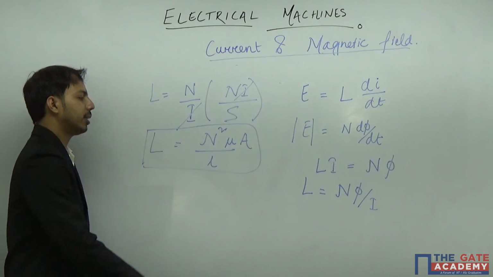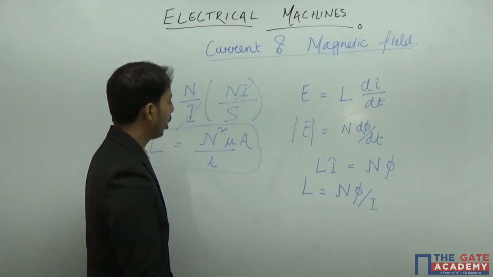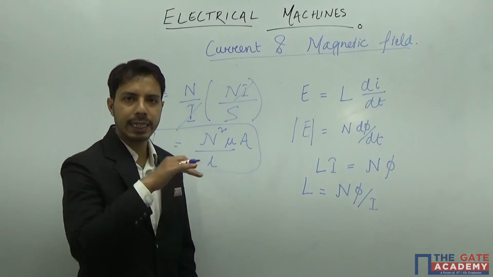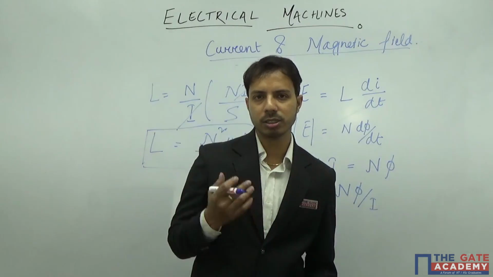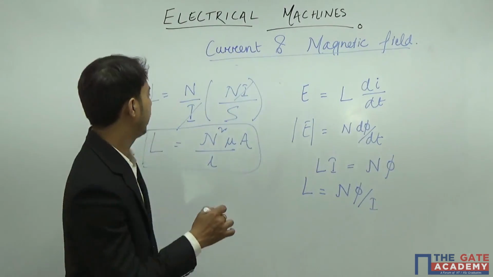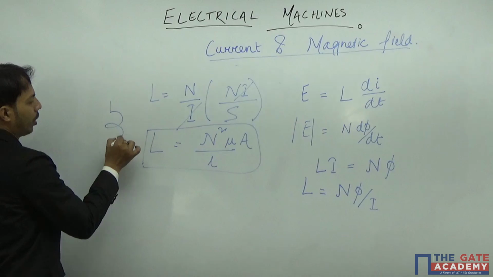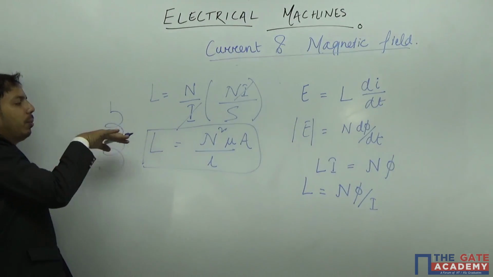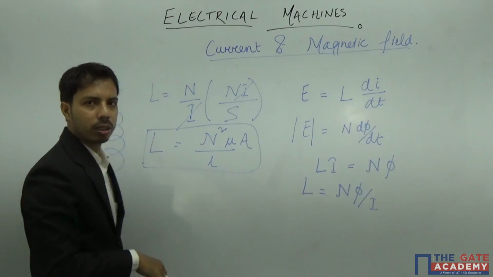This l is the length of the solenoid or conductor, and A is the area through which the flux is flowing, which is perpendicular to this particular coil.